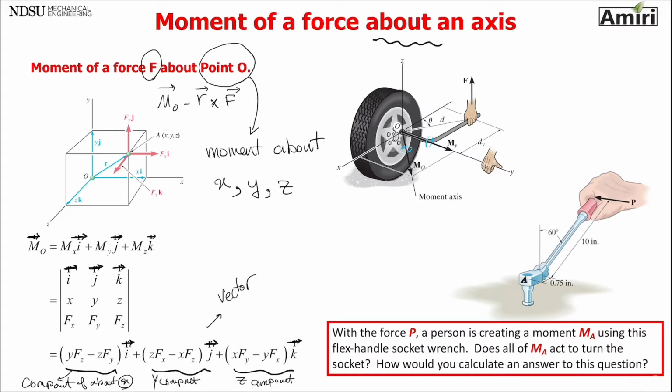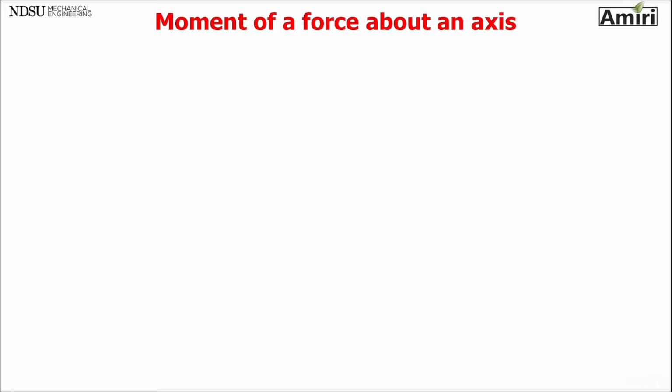What we want to do now is find it about one axis that is not any of those. It's not X, Y, or Z.